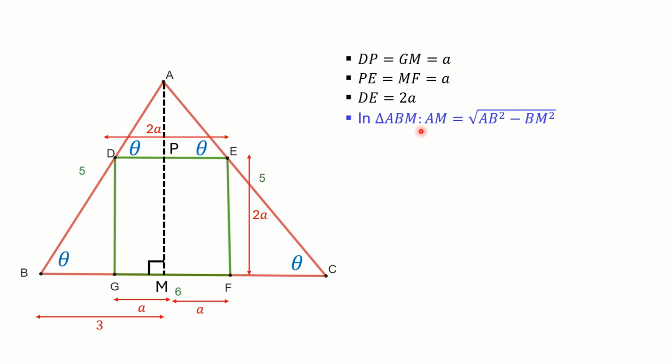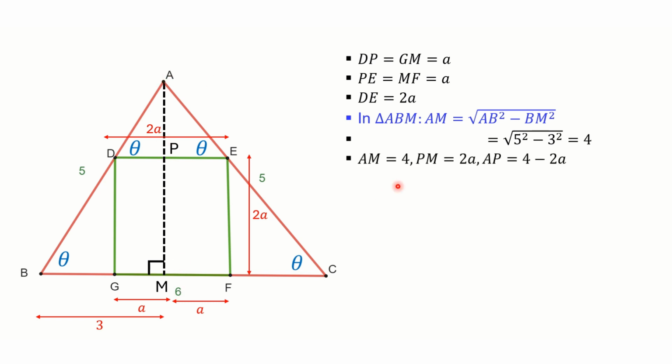Now let us consider triangle ABM. I can use Pythagoras theorem to calculate AM. AM square is AB square minus BM square, and taking the square root, AM is the square root of AB square minus BM square. AB is 5 units and BM is 3 units, so the square root of 5 square minus 3 square is 4 units.